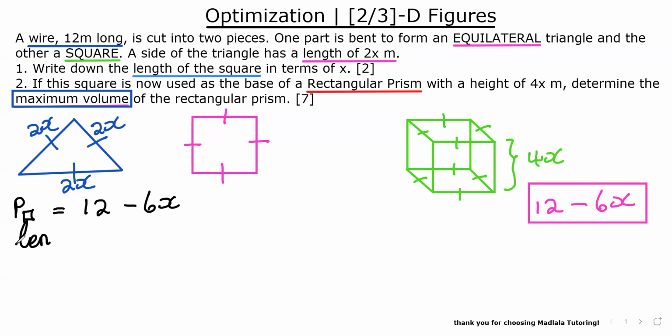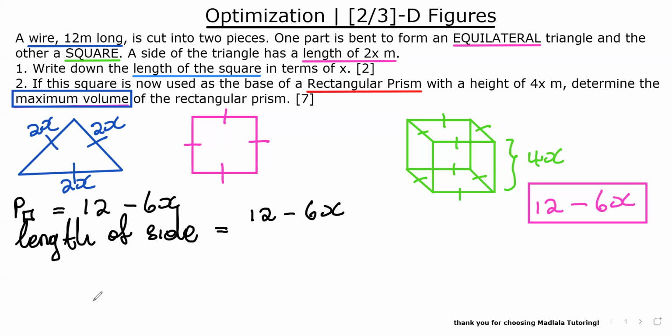We say, okay, fine. The length of a side is just going to be (12 minus 6x) divided by 4. So that's what you have.